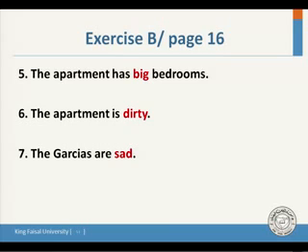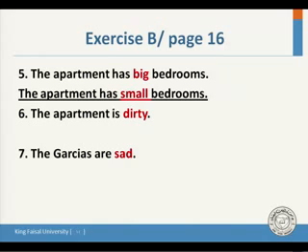Sentences 5 and 6 and 7, the same exercise. Have a look at these sentences and think of the opposite of these adjectives. We have big, dirty, and sad. What's the opposite of big? Small. So, the apartment has small bedrooms, not big bedrooms.